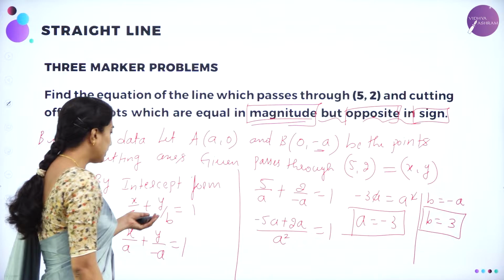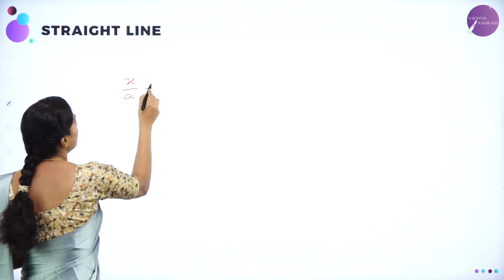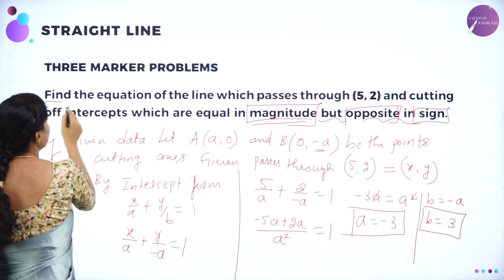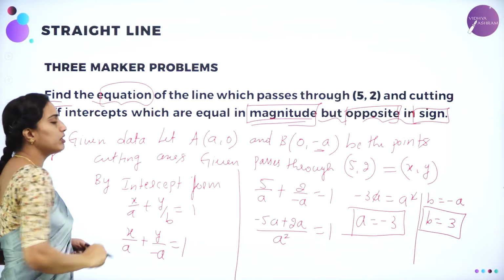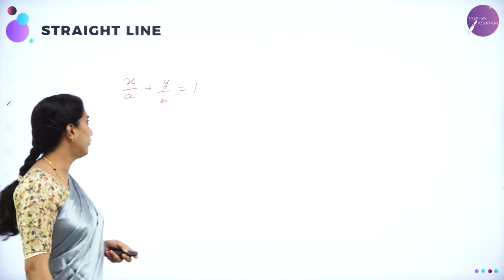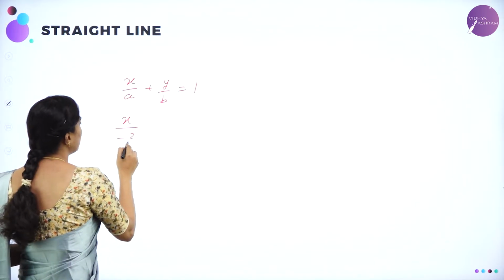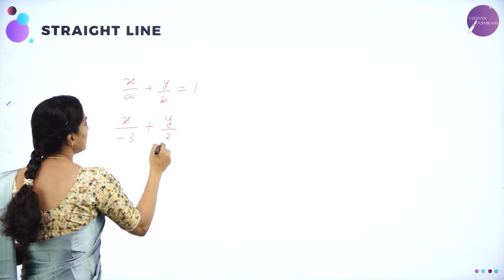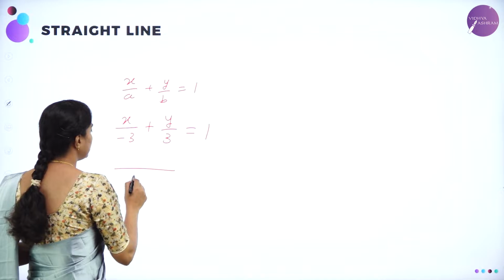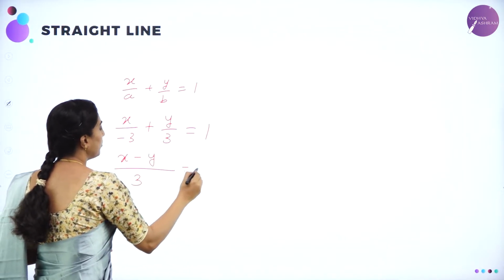So therefore, you can substitute in the equation x by A plus y by B is equal to 1, because they have asked you to find the equation. Equation means you have to reduce it to the form of ax plus by plus c equal to 0. Substituting, x divided by minus 3 plus y divided by plus 3 is equal to 1.